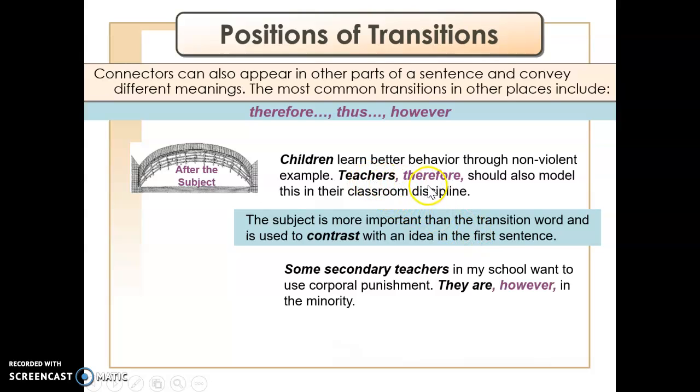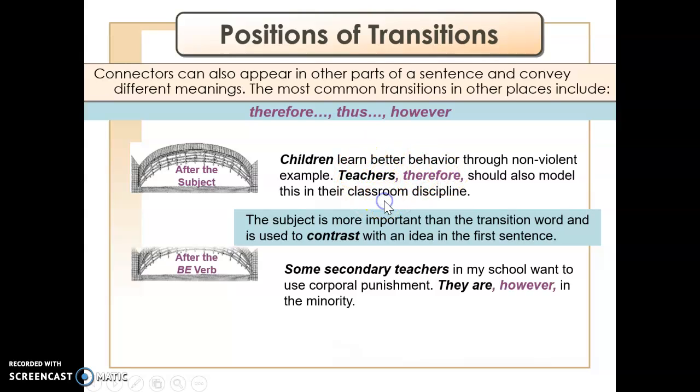So here we are actually putting the emphasis on how teachers are very important in this process of modeling classroom discipline, more so than the idea of result. And so if you would like to emphasize a subject using therefore or thus, this is one way to communicate to the reader the importance of your subject.